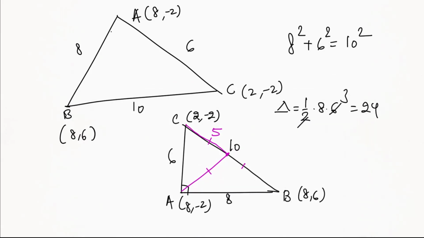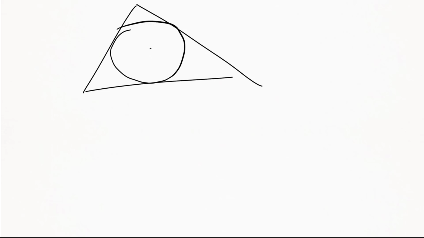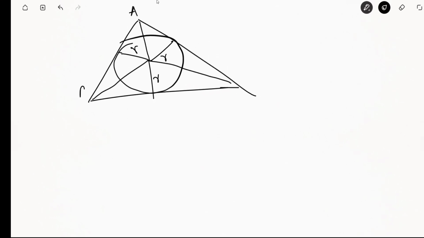Inradius is how much? Inradius is a little bit tricky. In radius, if you remember the formula, you can easily do it. If you don't know, you can derive it also very quickly. Let's say this is the triangle and circle, R, R, R, right? This will be perpendicular. So if this is A, B, C, area of triangle is what?